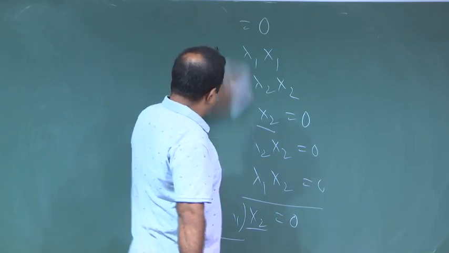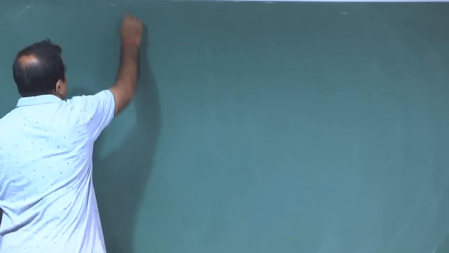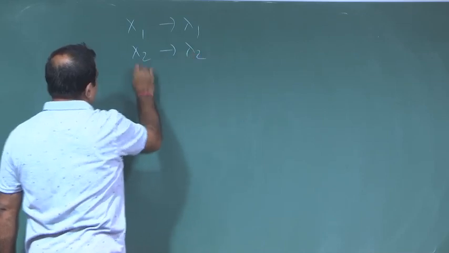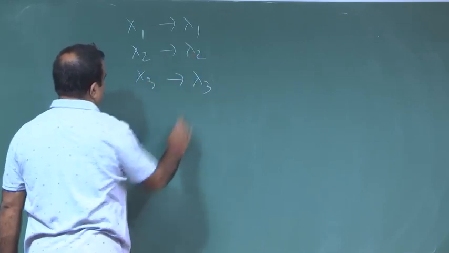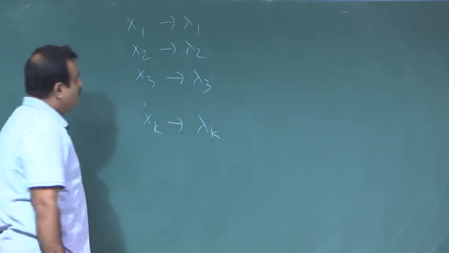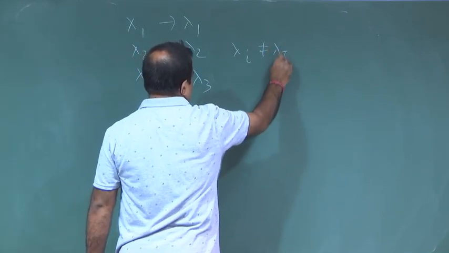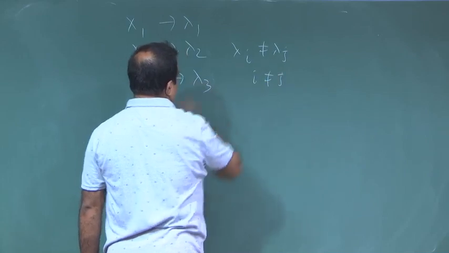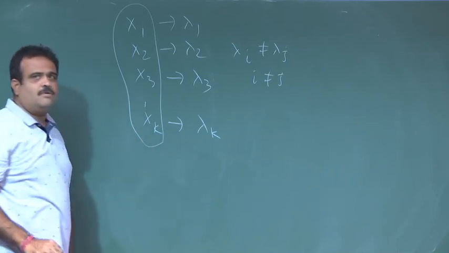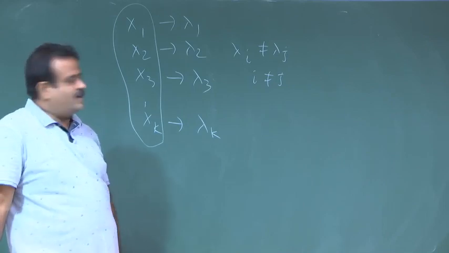If we have 3 eigenvectors corresponding to 3 distinct eigenvalues, say x 1 corresponding to lambda 1, x 2 corresponding to lambda 2, x 3 corresponding to lambda 3, and more also, x k corresponding to lambda k, and if the lambdas are distinct, that is lambda i is not equal to lambda j for i not equal to j, that means this set corresponds to distinct eigenvalues, then this set is a linearly independent set of vectors.